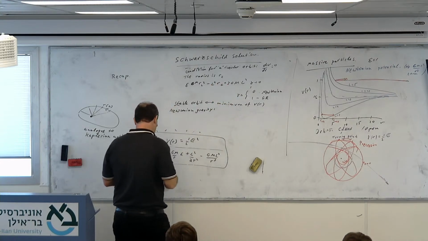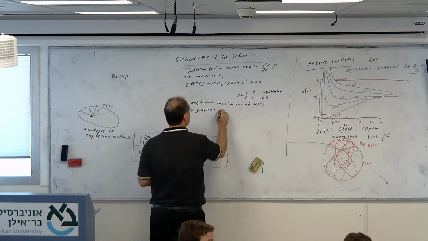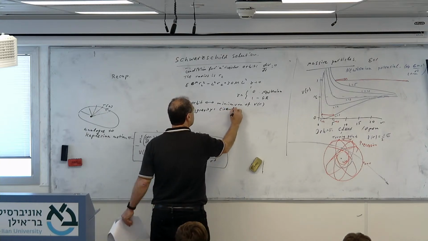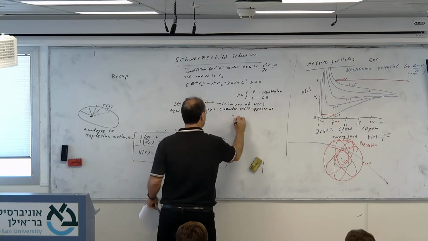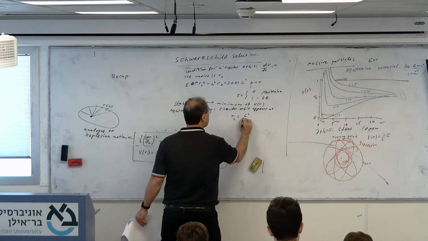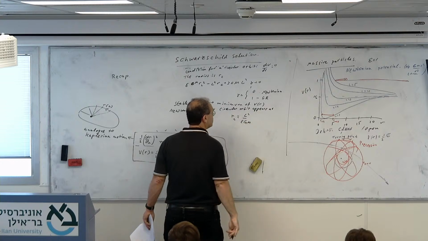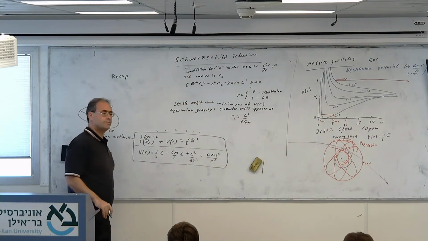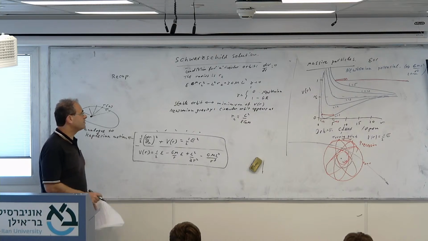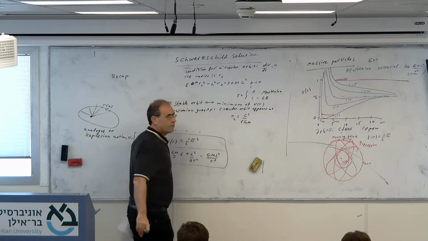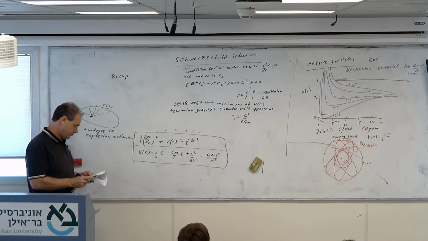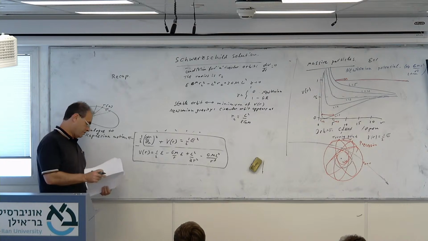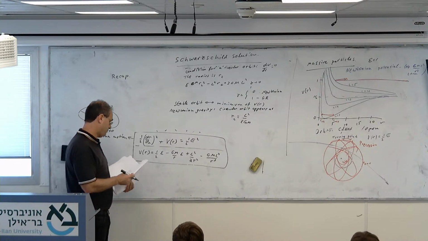Then we simply have that the circular orbit appears at R_C, which is L squared over epsilon G. So our radius from the sun depends on the angular momentum that we have. Now, any further questions about that?